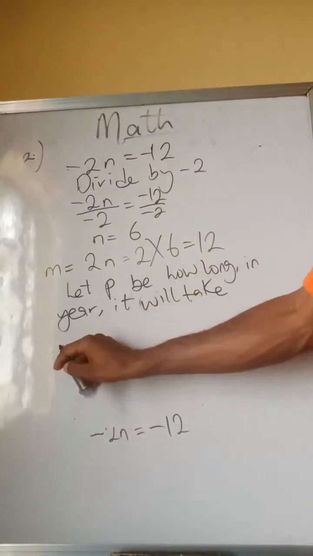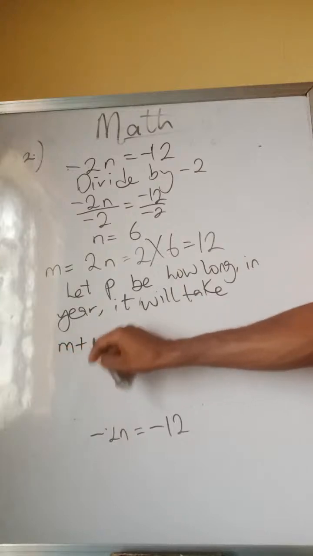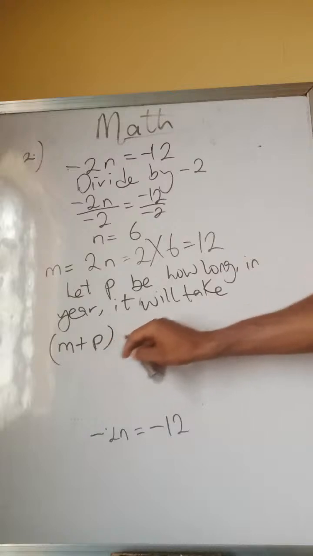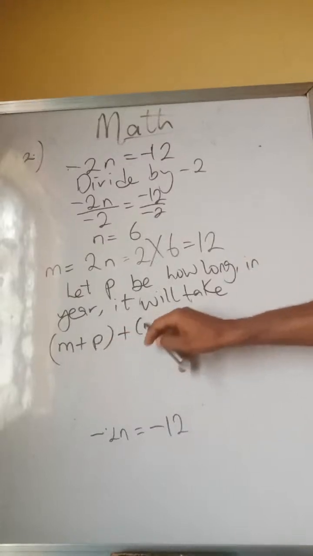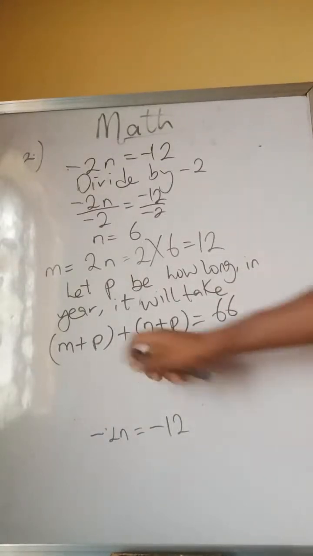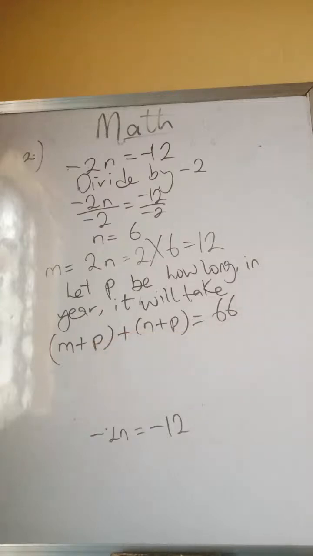And so that means M plus P, Abu's age plus the number of years it takes, then you have N plus P equals 66. Remember, I said P is how long it will take. And so you see, this effect will affect both of them.